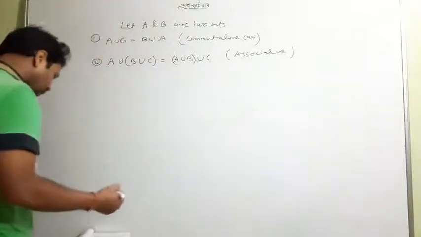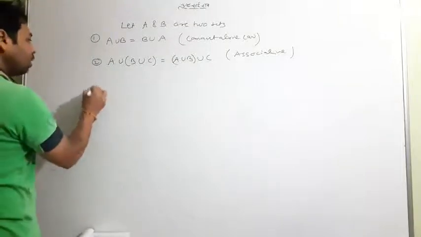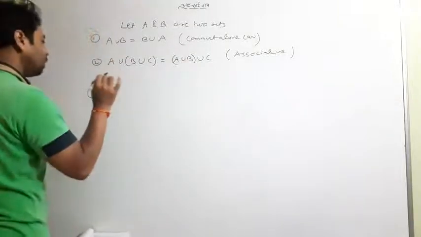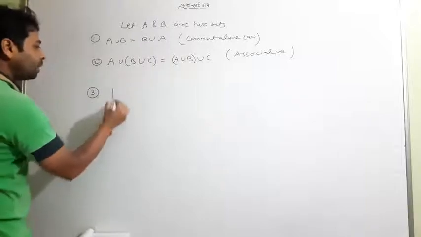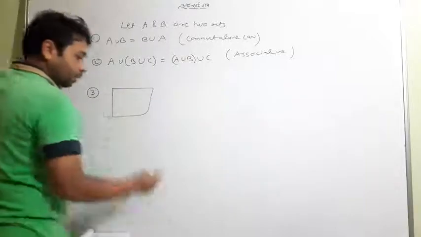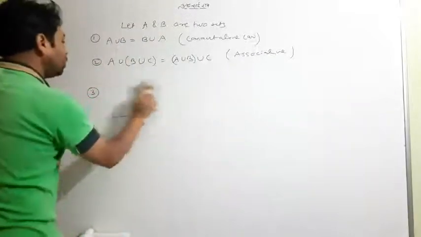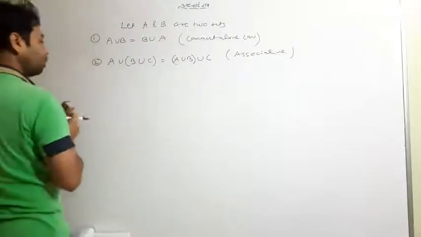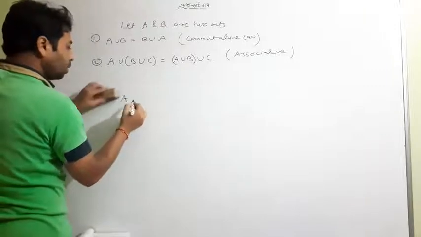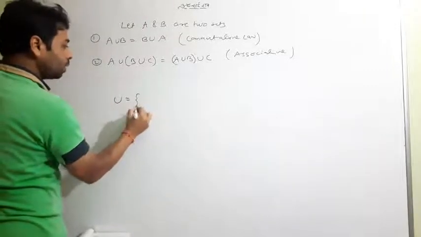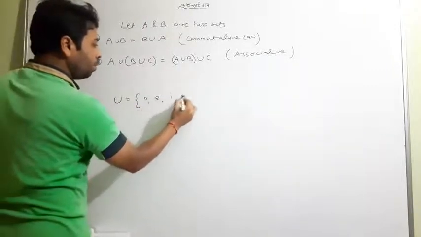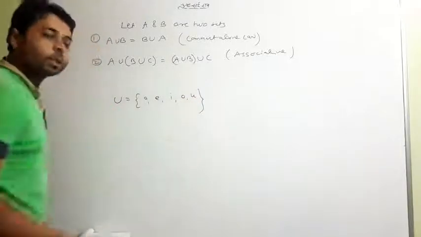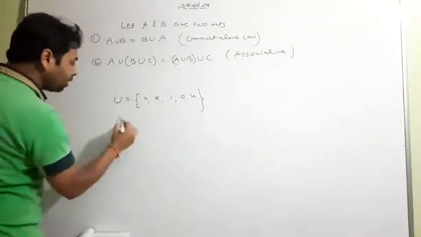Now, I think a very important thing here, I still want to speak about. Let there be a universal set. Just try to understand, I am telling you with an example. Suppose U is {A, E, I, O, U}, the universal set, and A is a set.